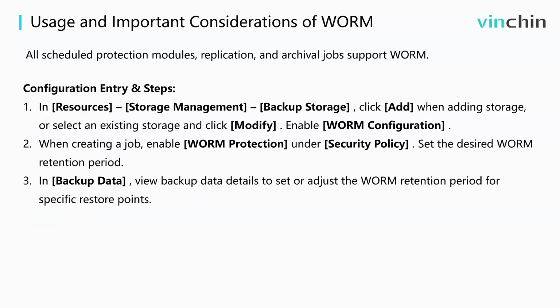The second step, when you're creating the job, you need to enable WORM protection under the security policy for this job. And the third and last step, in the backup data, you can view the backup data details to set or adjust the WORM retention period for the specific restore points. Those are the configurations.